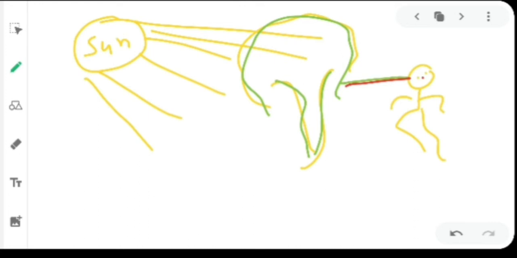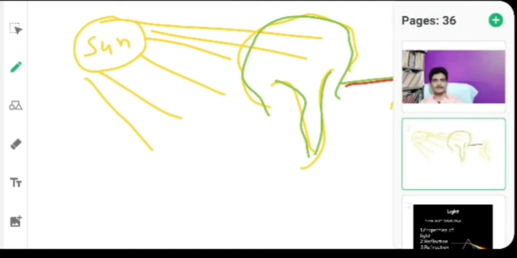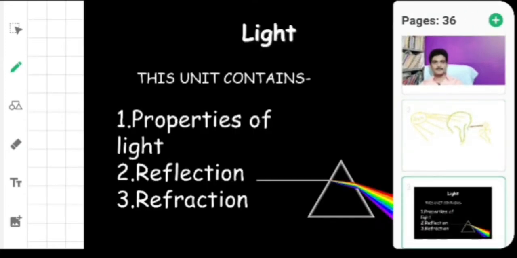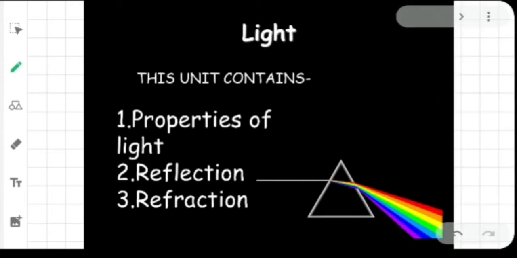So, coming to the topic, let us start today. Light. What are we going to study in this unit today? We are going to study the properties of light, the reflection of light and the refraction of light.